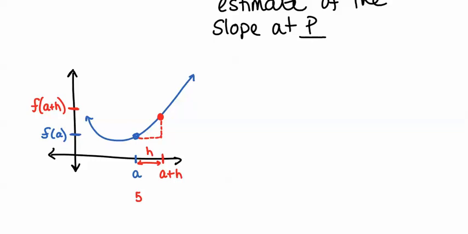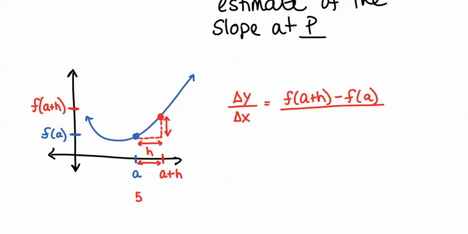To find the slope of the line between those 2 points, we're going to do rise over run. Our rise would be the difference in our y coordinates, so that's f of A plus H minus f of A. So we just subtracted our y coordinates, and the bottom is going to be the difference in our x coordinates: A plus H minus A, because that's what they each are.